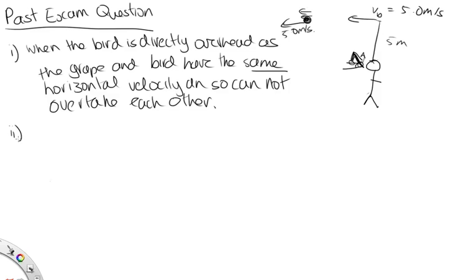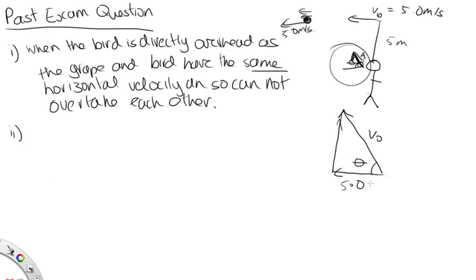Part 2. We need to calculate the required values of V0 and theta. Okay, let's expand this diagram a little bit. Here's theta. Here's V0. And we said the horizontal velocity was always the same as the bird's.